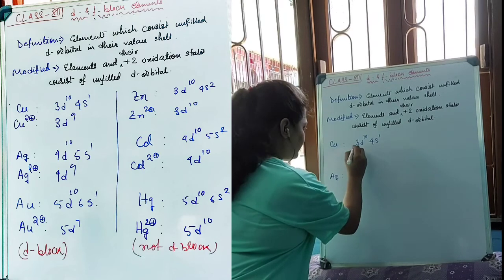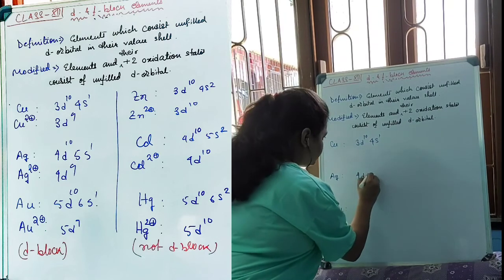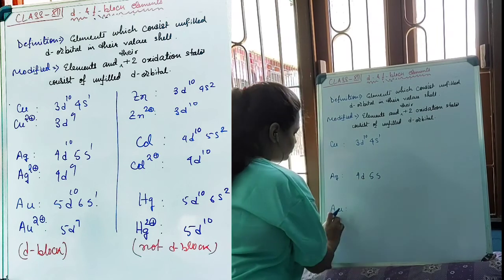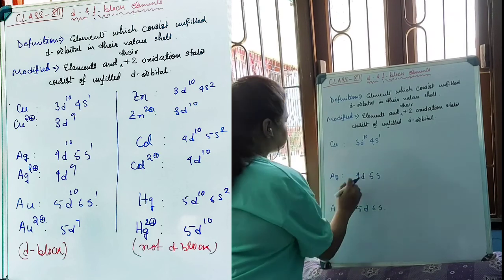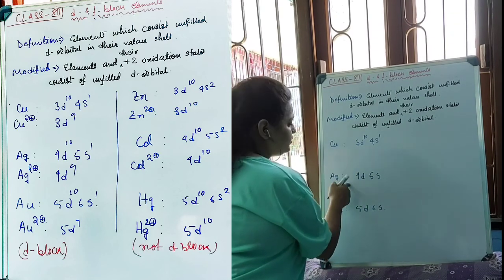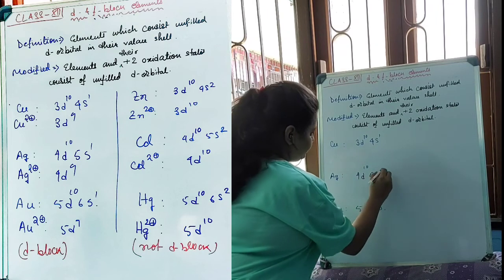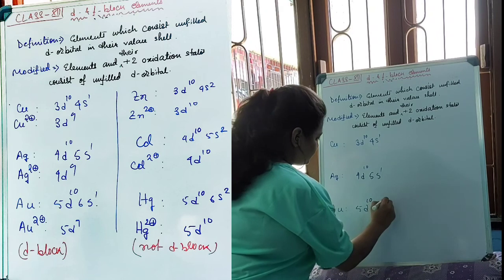Therefore, the valence shell for copper is 3d4s, for silver it will be 4d5s, for gold it will be 5d6s, and the electronic configuration will be the same: for silver it will be 4d10 5s1, for gold it will be 5d10 6s1.